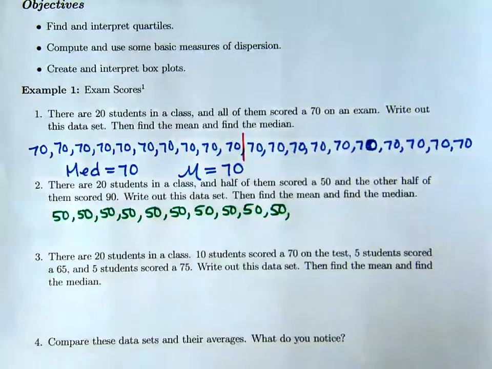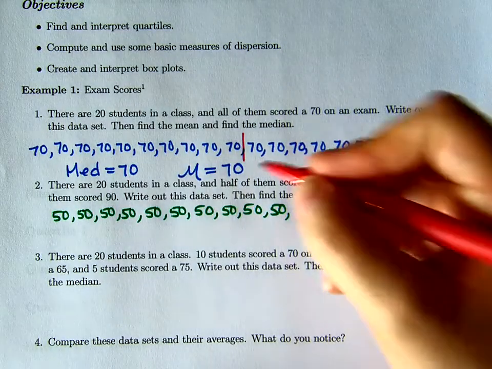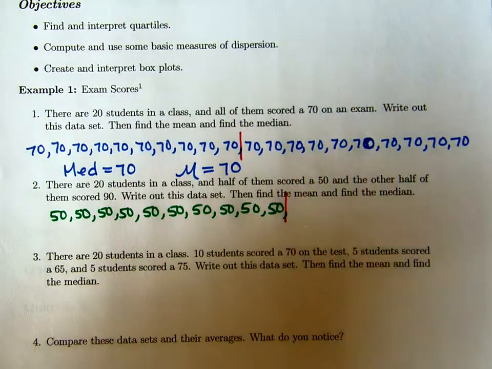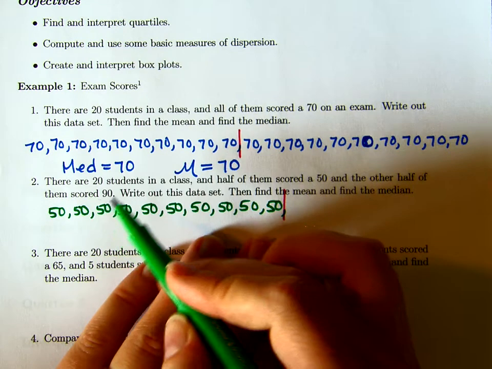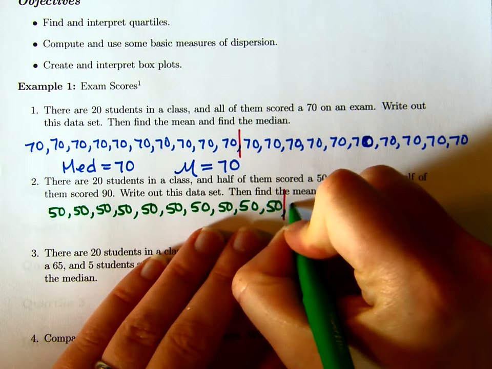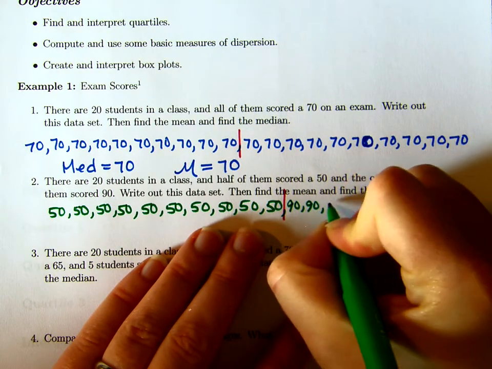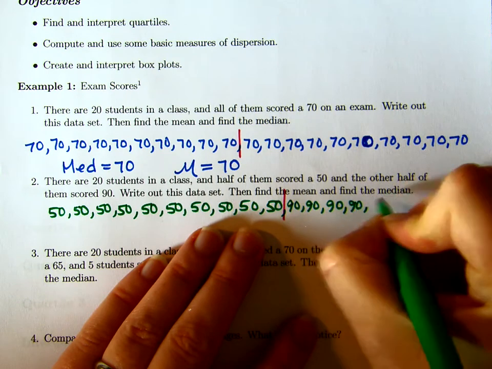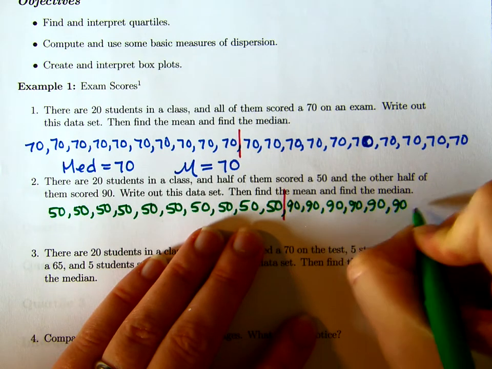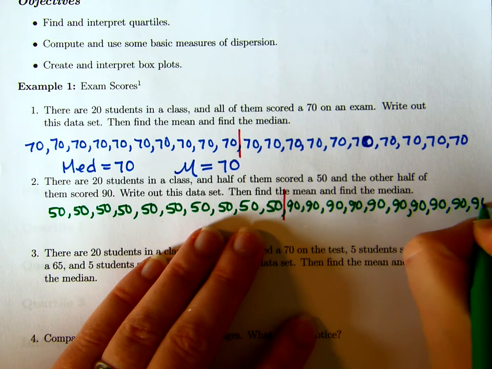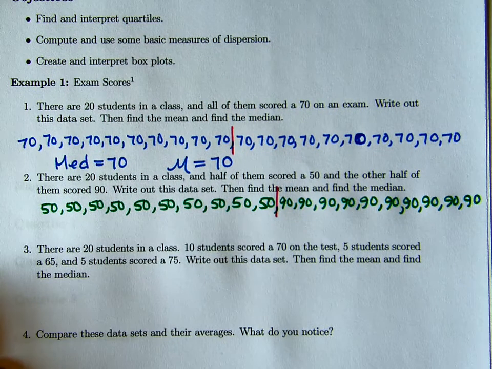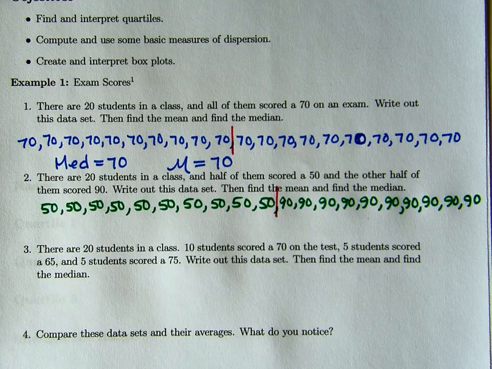I'm about ready to compute the median, so I'm going to put this here anyway. 10 50s, and the other half scored 90s. 1, 2, 3, 4, 5, 6, 7, 8, 9, 10. Okay, got it. What is the mean and the median?